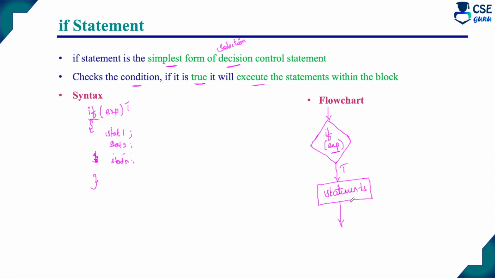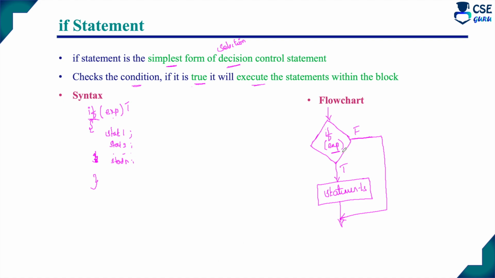Then control is transferred to the next part of the program. If this condition is evaluated to false, this block of statements won't execute, and control is simply transferred to the next statement in the C code.